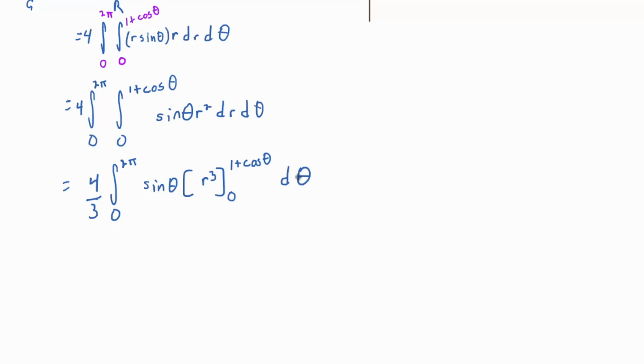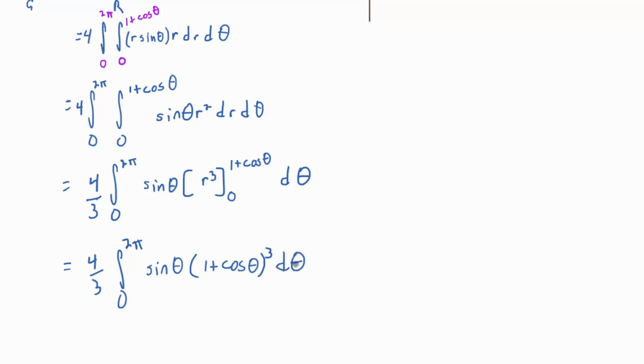Is that okay? All right, so then inside the 0 is not going to do much for the lower limit. You're going to plug in the upper limit first. So copy everything down, 4/3 integral 0 to 2 pi sine theta, and then it'll become what? Times 1 plus cosine theta cubed.